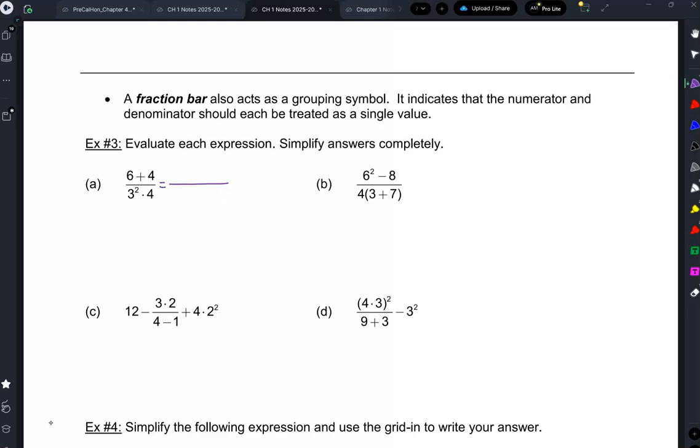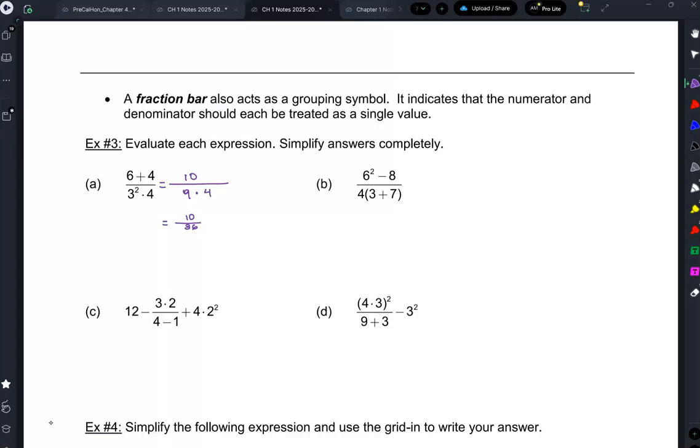So in the numerator here, I have 10. And then I have 9 times 4. So this will be 10 over 36. Okay? What will that be?